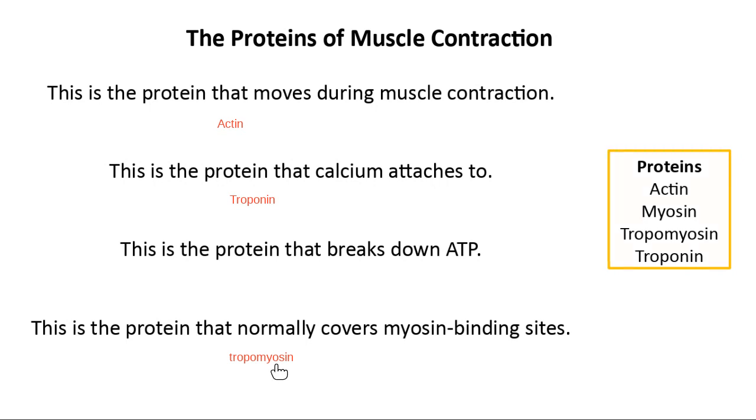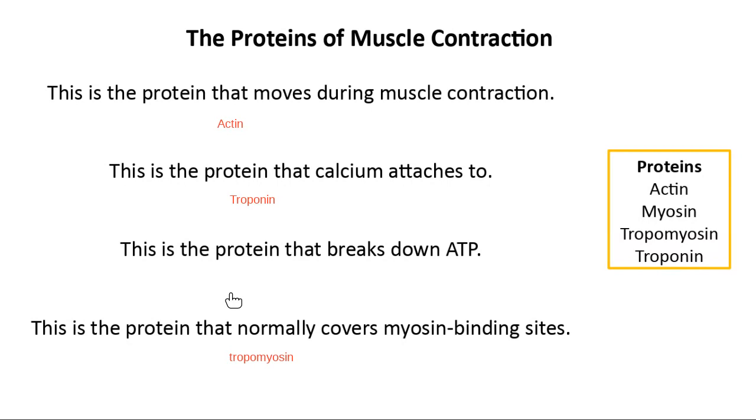But it's a wet spaghetti noodle, right? So I've got to have troponin, my push pin, to hold that noodle in place. If calcium attaches to troponin, it pops off, and tropomyosin falls out of place, which means that myosin can attach to and pull on actin.